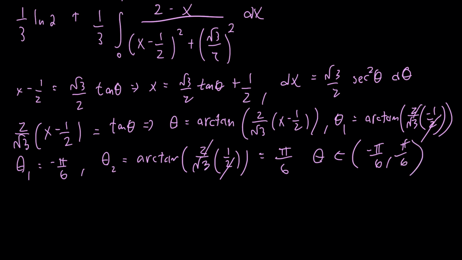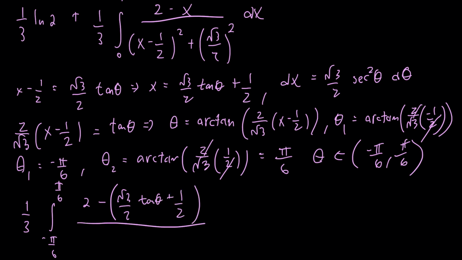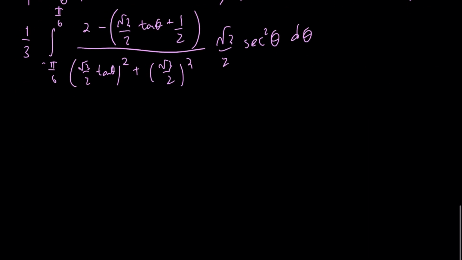And so now using this information, we're going to have 1/3 the integral from -pi/6 to pi/6 of 2 minus x, the square root of 3 over 2 tangent theta plus a half, divided by the square root of 3 over 2 tangent theta squared plus the square root of 3 over 2 squared, and dx is the square root of 3 over 2 secant squared theta d theta.